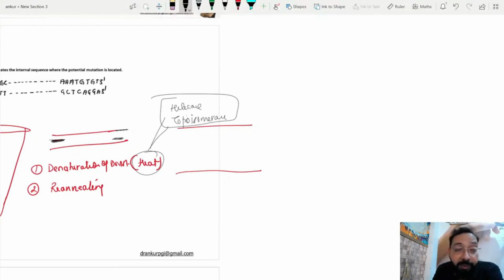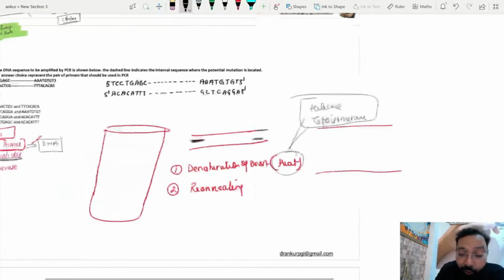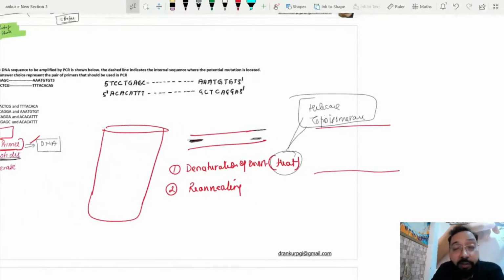Two strands are separated. When two strands are separated, we require primer to synthesize, but we can't keep all the enzymes in a test tube. We are amplifying DNA in a test tube. Actually, when we do DNA synthesis in the cell, we have all the components and all the enzymes in the cell.